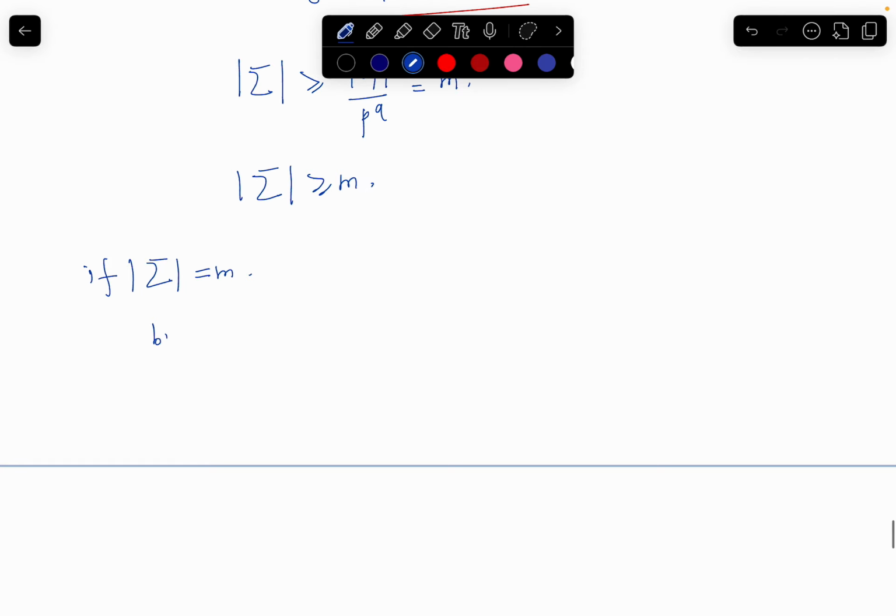Now by the orbit stabilizer theorem, we wanted to find the stabilizer of any element, say g1 to g p^a in sigma.